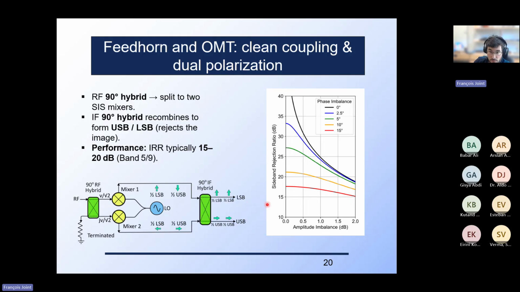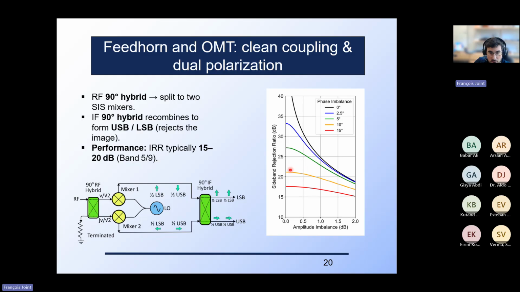Sideband separation actually lives and dies on how well the two paths are balanced. That's what I'm showing here in this plot. Most of the instrumentation for ALMA and APEX requires sideband rejection, basically isolation between USB and LSB better than 20 dB or 15 dB. That requires an amplitude imbalance better than 0.5 dB and a phase better than 5 degrees.